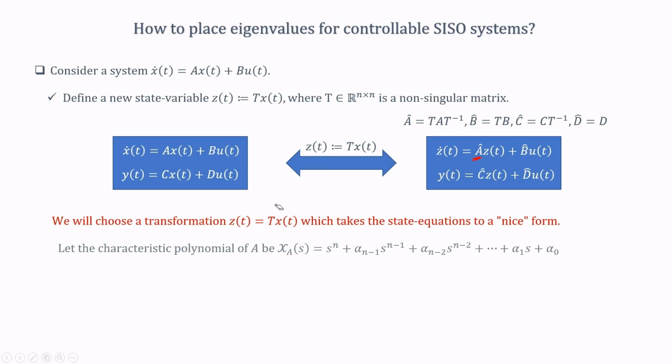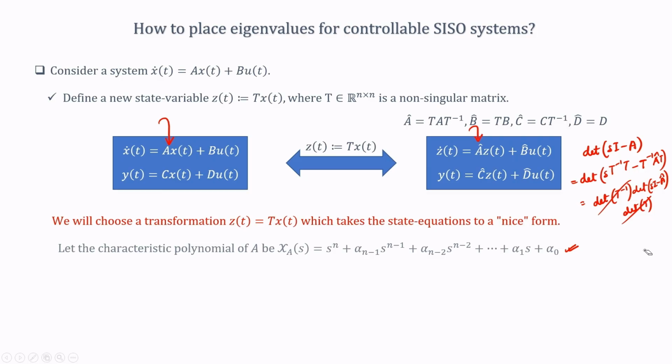Let us say that the characteristic polynomial of the matrix A is this. Again, let me recall that the characteristic polynomial of A and the characteristic polynomial of A hat are the same, because determinant of sI minus A can be written as determinant of T inverse (sI minus A hat) T, and then I can write it as determinant of T inverse, determinant of sI minus A hat, determinant of T, and these two will cancel out.